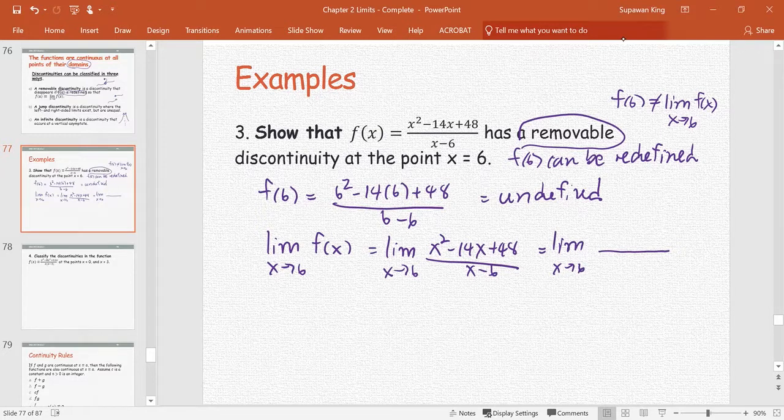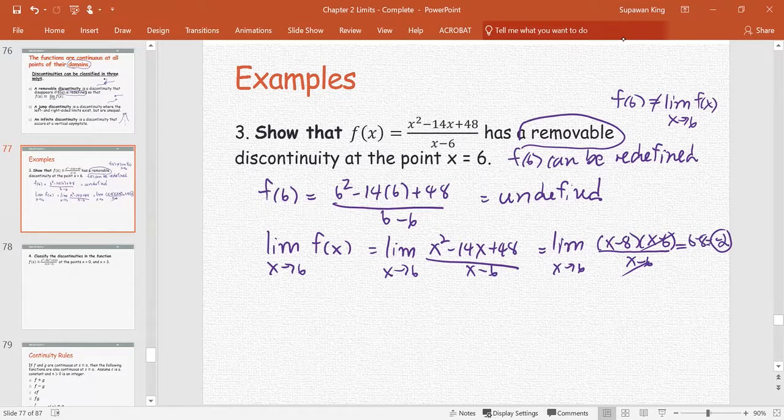The numerator can be factored as x minus 8 multiplied by x minus 6, divided by x minus 6. The factor x minus 6 cancels. Therefore, we're going to find the limit of x minus 8 as x approaches 6. Do the direct substitution, so we get 6 minus 8, or just negative 2. So the limit of f of x as x approaches 6 equals negative 2.